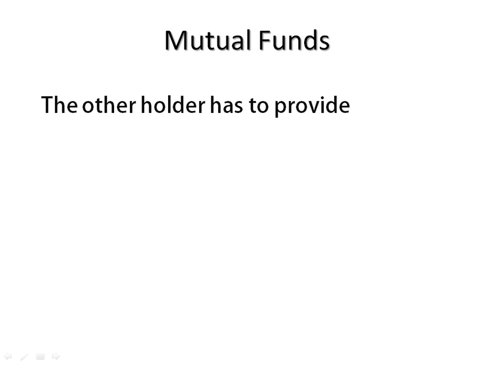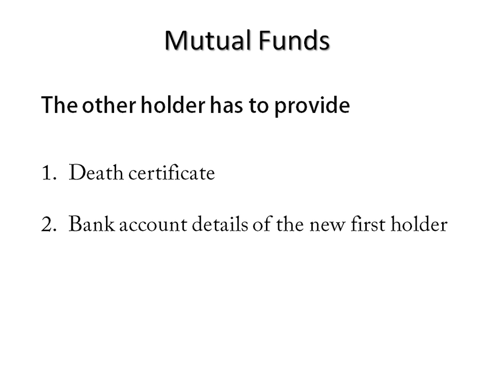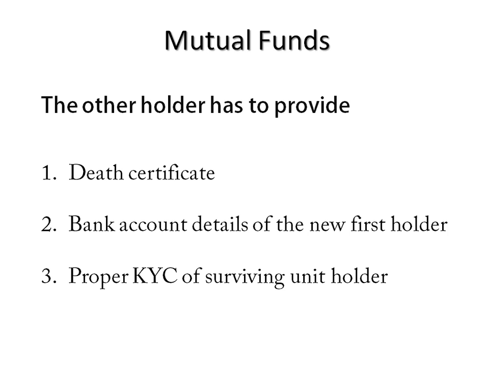In case of mutual fund, if there are joint holders, then in case the primary person dies, the joint holder will have to provide these documents. The first one is the death certificate, the second one is bank account details of himself, and the third one is proper KYC of the surviving unit holder.